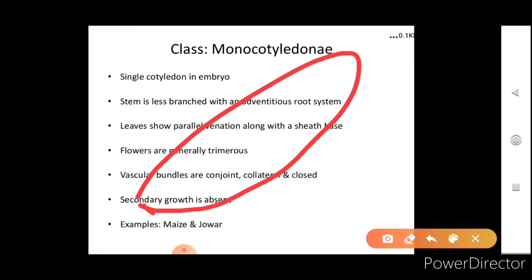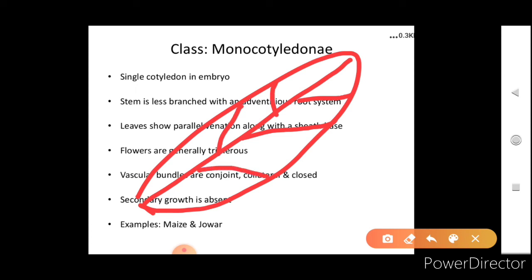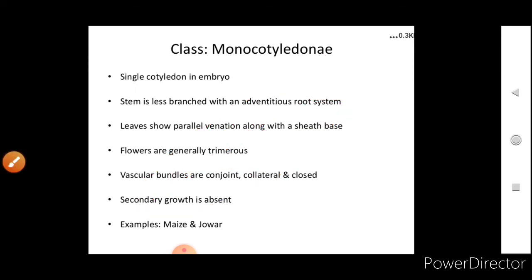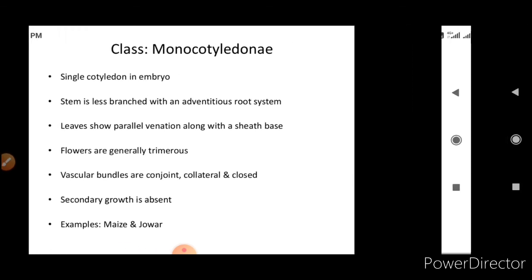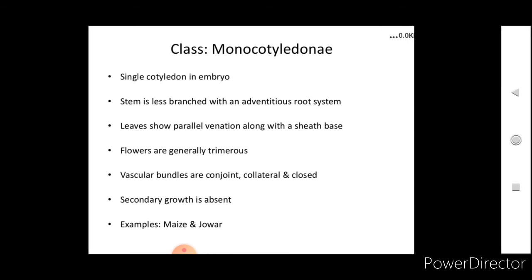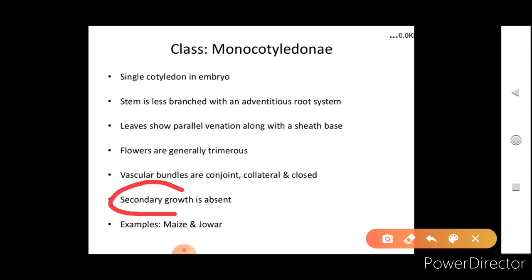It will be a mesh like structure like this. So this is the basic difference, and here secondary growth will be absent because there is no presence of cambium, and examples are maize and jowar.